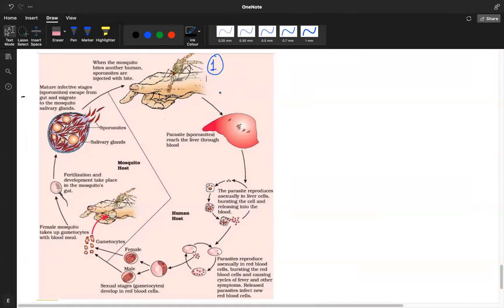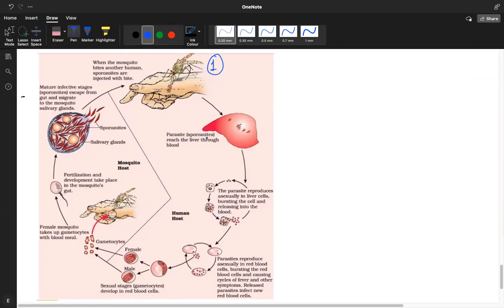Okay. So tell me what happens when it bites. It bites and then the infection gets inside the blood. Because it's a cycle, wherever you start, you have to come back there. So you are saying at this point it bites another human, and the parasite enters.